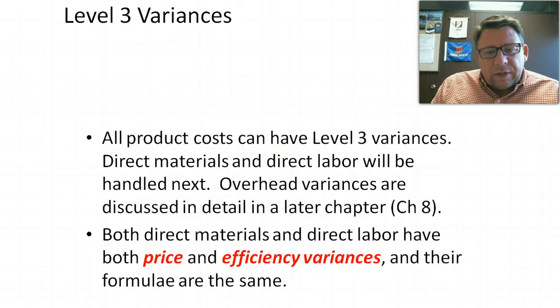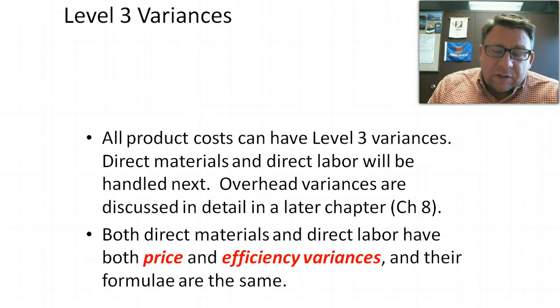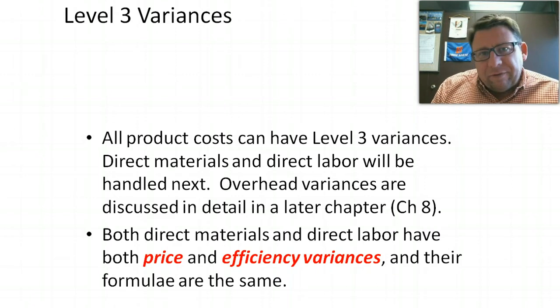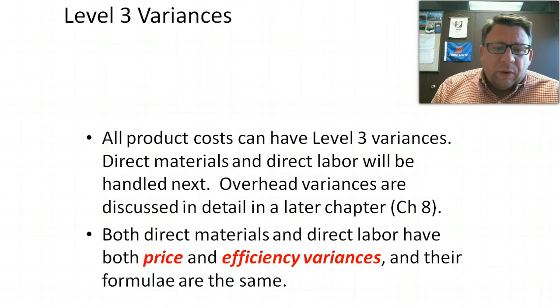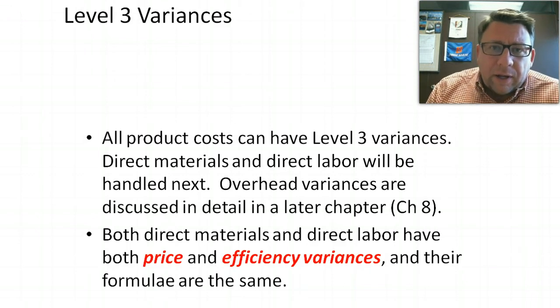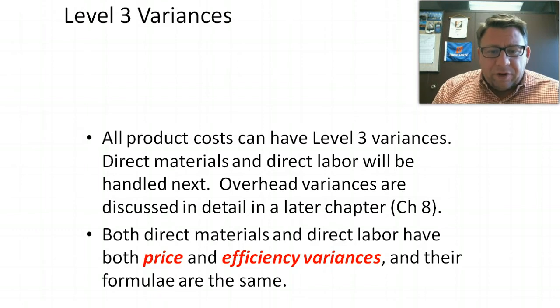Okay, so all product costs have level 3 variances. We're going to split level 3 variances up over 2 chapters. So in this chapter, we're going to look at the direct materials and direct labor level 3 variances.